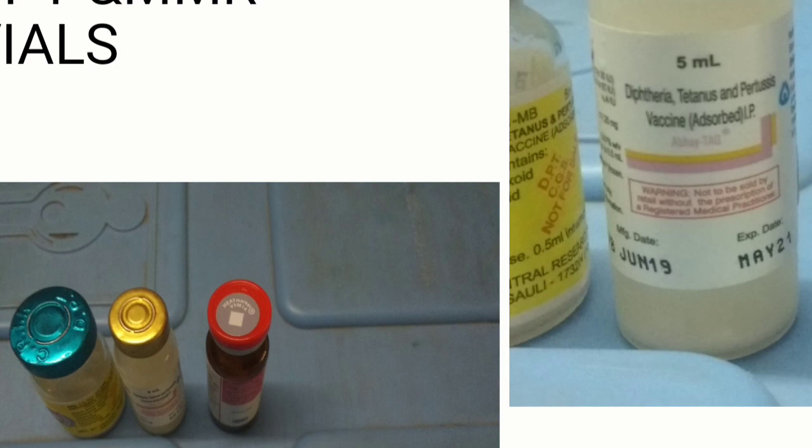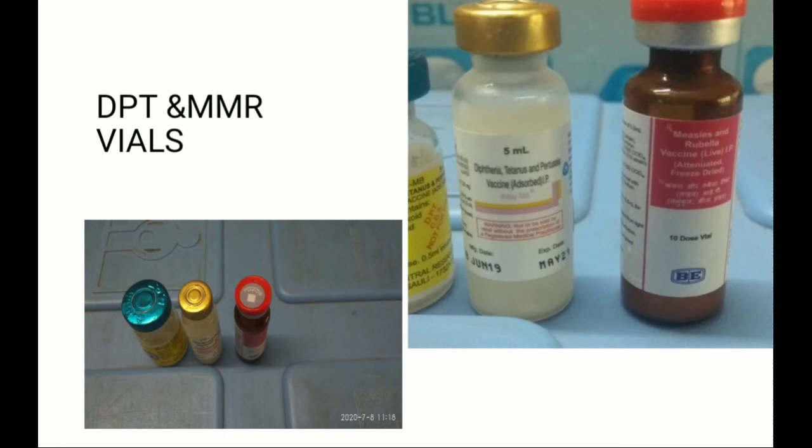In the VVM, you can see a central square with a dim color and a dark color circle around it. If the light color square matches the outside color, then the vaccine is not suitable for immunization, and it should be discarded. This is how we can monitor the efficacy of the vaccine.